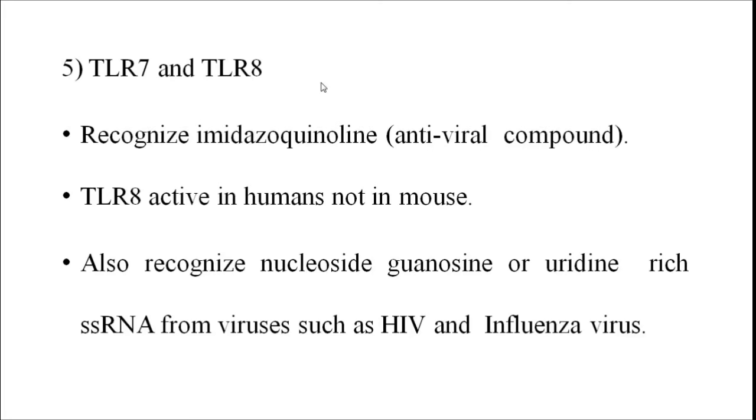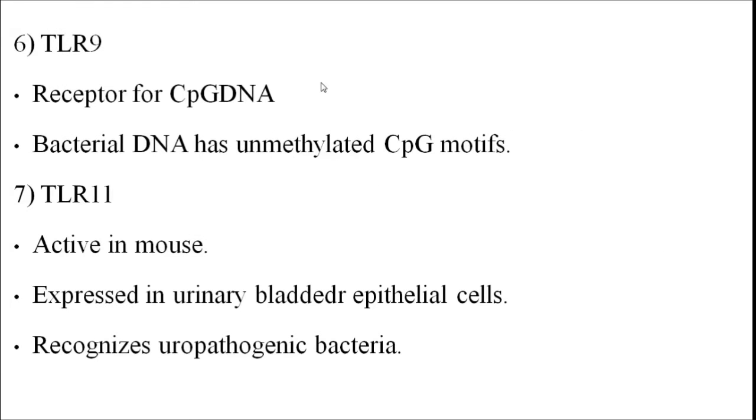They recognize the nucleoside guanosine or uridine-rich single-stranded RNA from viruses like HIV and the influenza virus. Toll-like receptor 9 serves as a receptor for CpG nucleotide DNA and bacterial DNA which has unmethylated CpG motifs. Toll-like receptor 11 is mainly active in the mouse, is expressed in urinary bladder epithelial cells, and recognizes uropathogenic bacteria.